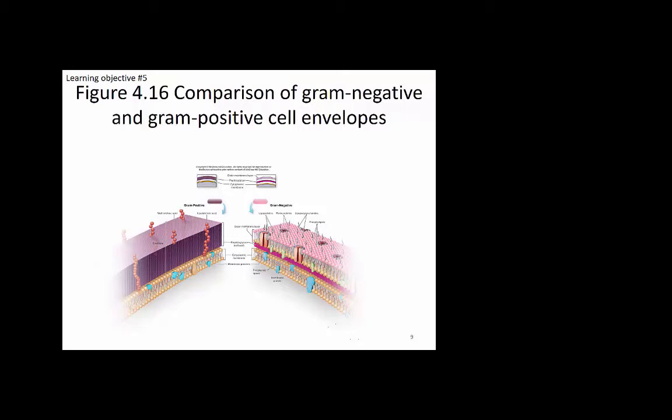Extending from the exterior of the outer plasma membrane is a molecule called lipopolysaccharide, or LPS. Additionally, the gram-negative bacteria cell envelope has porin proteins, which are tunnels through the outer plasma membrane into the space between the outer plasma membrane and the cell wall.